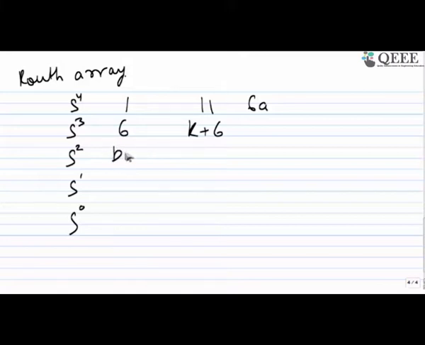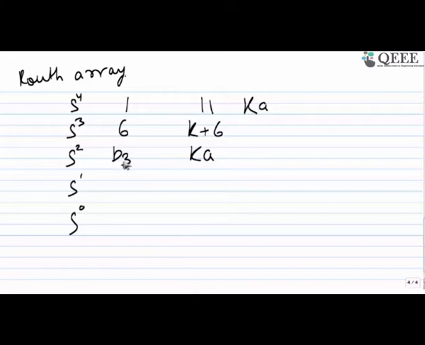So let's write this element which we need to compute, b3. This would be Ka. Basically the first row is 1, 11, Ka, and the second row is 6k plus 6.